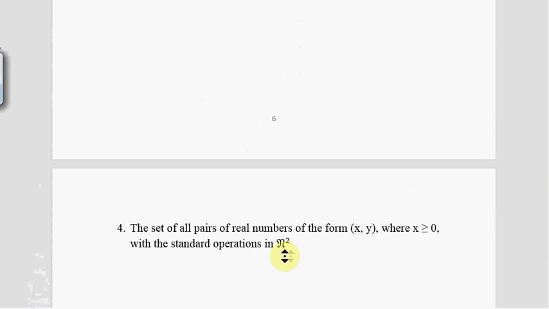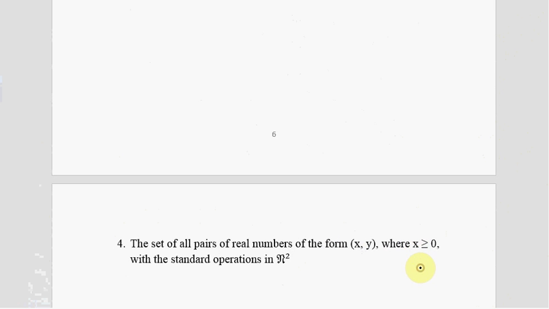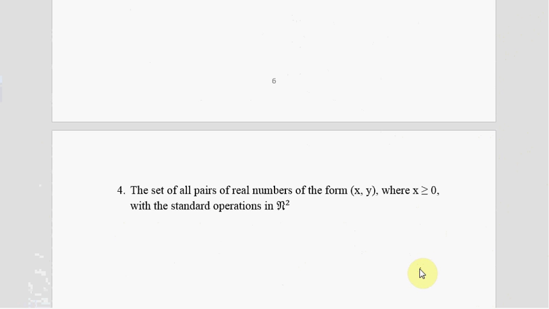Now, number 4, my question to you is this set of pairs of real numbers of the form x comma y, where the first component is positive with the standard operations in R2, is that a vector space? No. And the reason why? That's right.